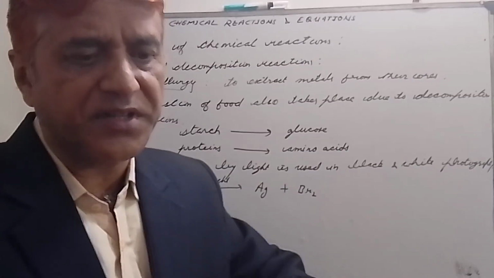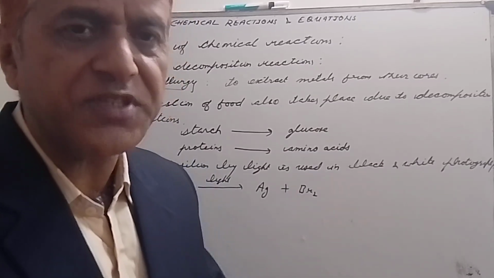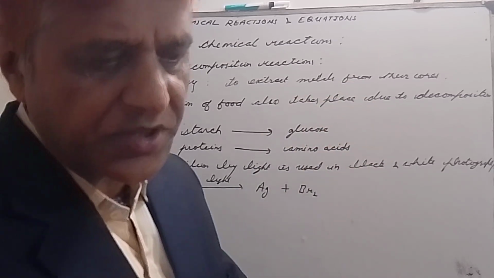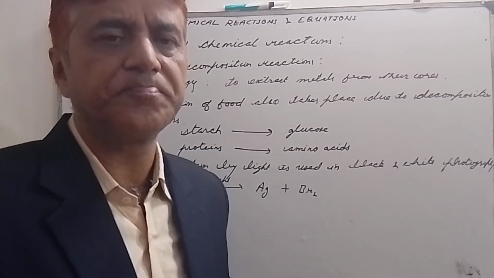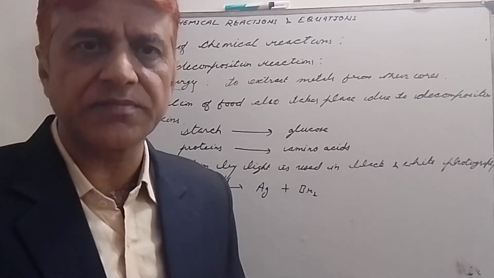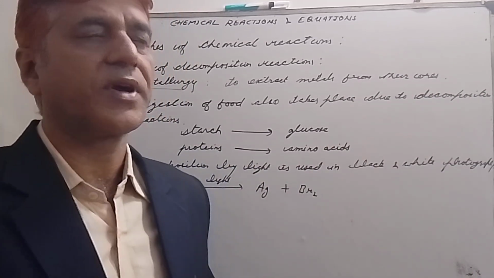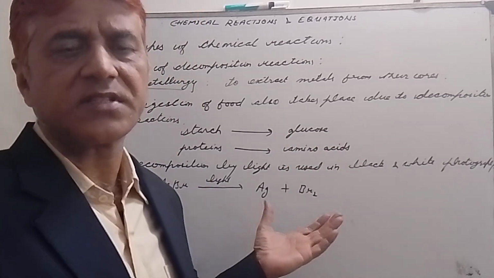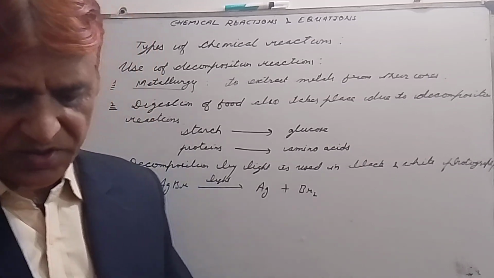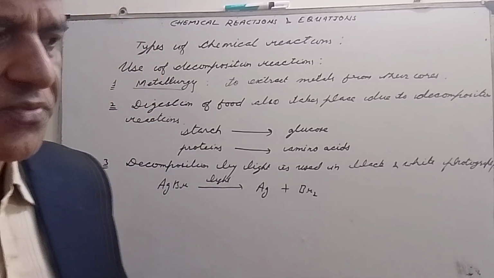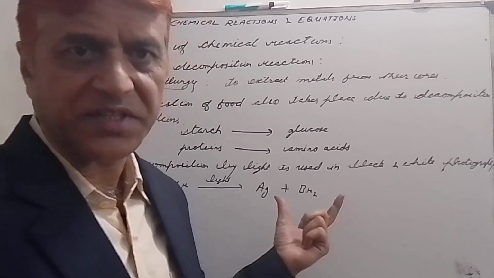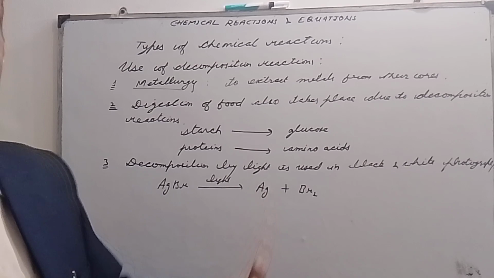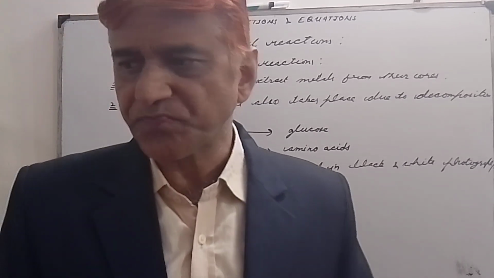And digestion of food also happens due to decomposition reactions, in which starch decomposes into glucose and proteins decompose into amino acids. And third, we have just discussed that in black and white photography decomposition reactions are also used. So my dear students, I think this is clear to you.